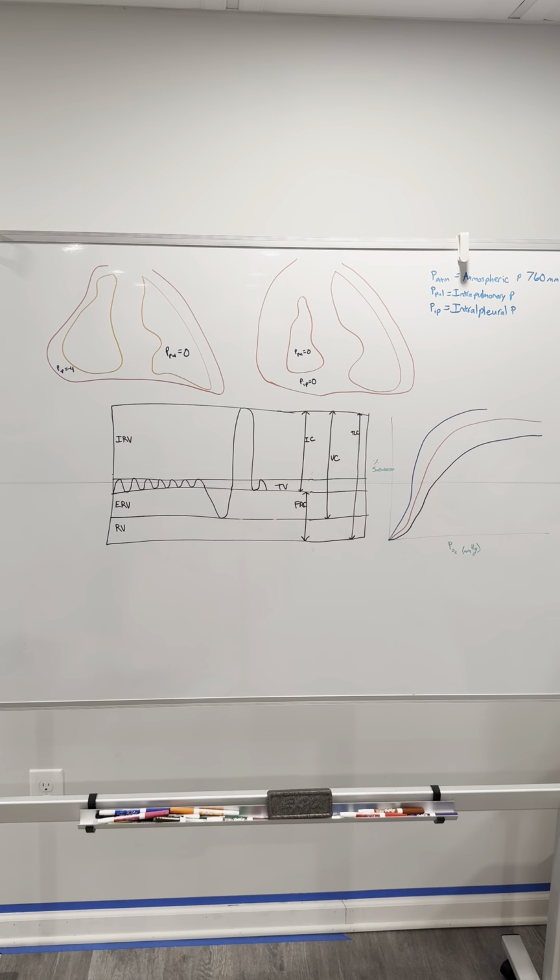So for intrapleural pressure, this also fluctuates as we breathe, of course, like any pressure within the lungs, okay? And it's usually 4 millimeters mercury less than the intrapulmonary pressure, okay?